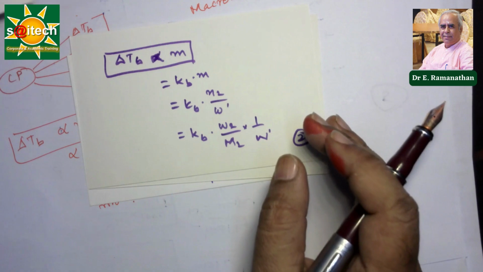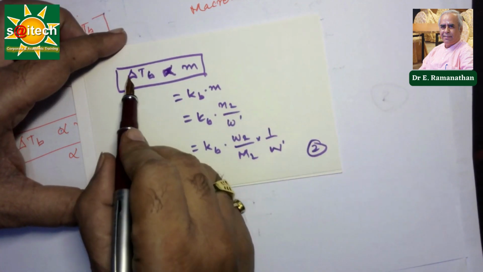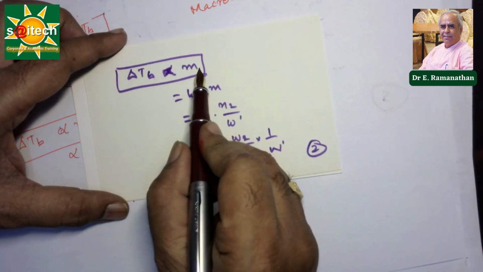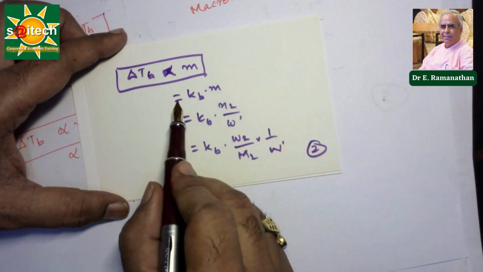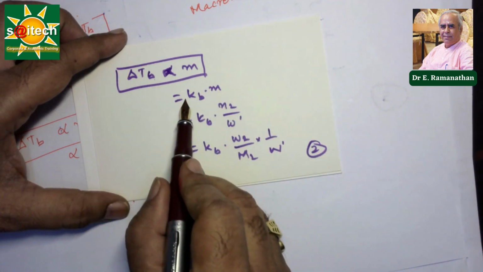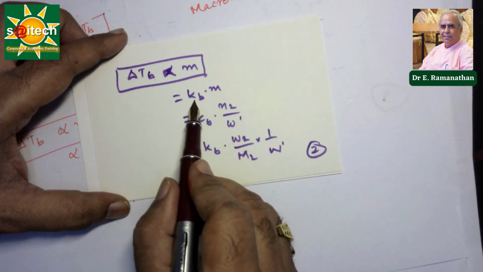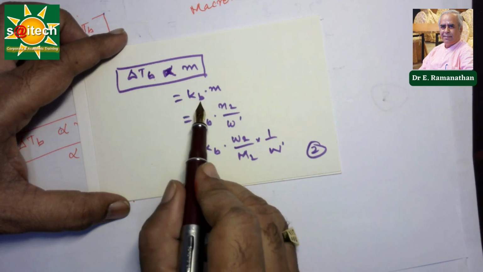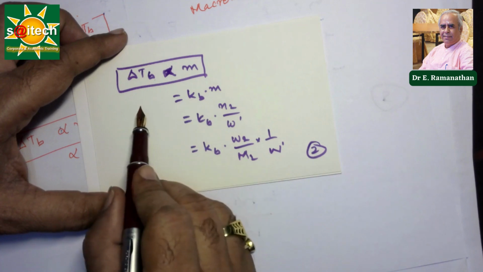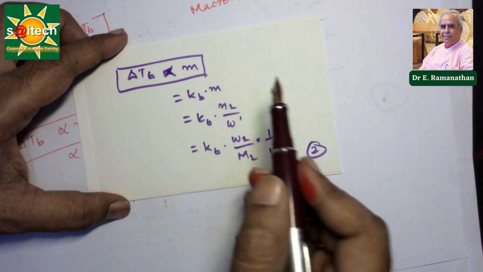Let us discuss one by one. Elevation of boiling point is directly proportional to molality. When we remove the proportionality, we have to introduce a constant. This is called the molal elevation constant or ebullioscopic constant. So delta Tb is equal to Kb into m.